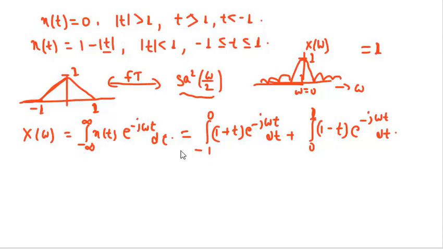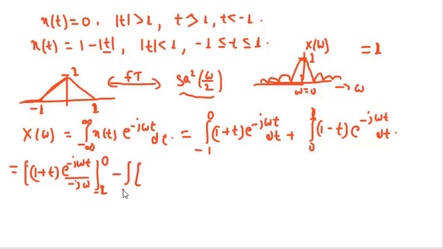So let's solve this equation by integration by parts. You can write the first integral as 1 plus t, e to the power minus j omega t divided by minus j omega, integration from minus 1 to 0, minus the integration from minus 1 to 0 of e to the power minus j omega t divided by minus j omega dt.